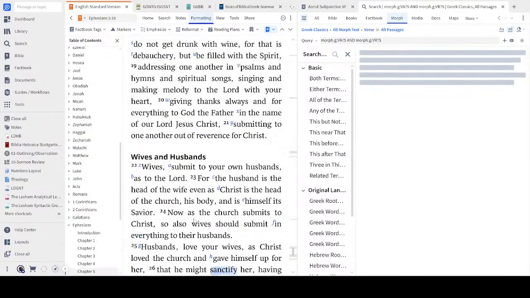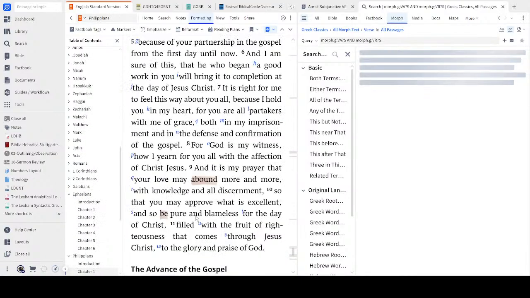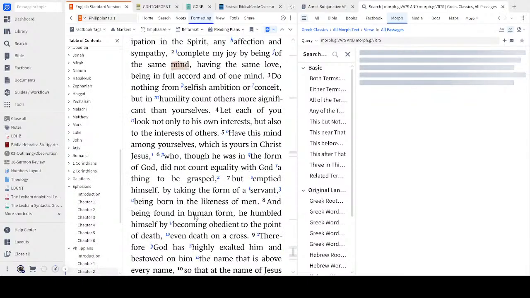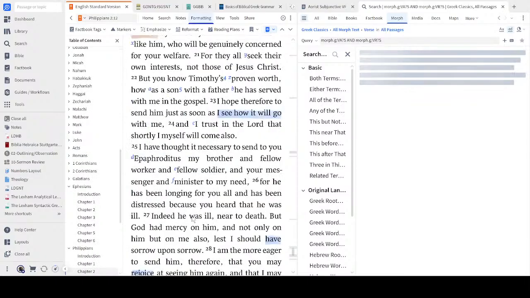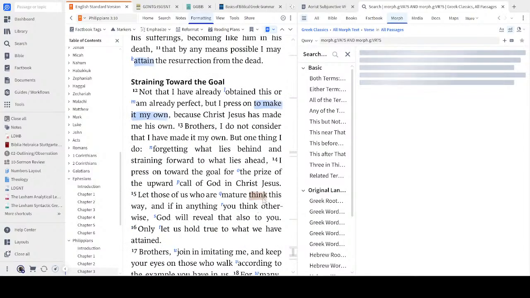Let's see if we can find another passage which is almost, it's hard to find the two passages that, so we have this aorist or this undefined in Philippians 3:12: not that I've already obtained this or am already perfect, but press on to make it my own.